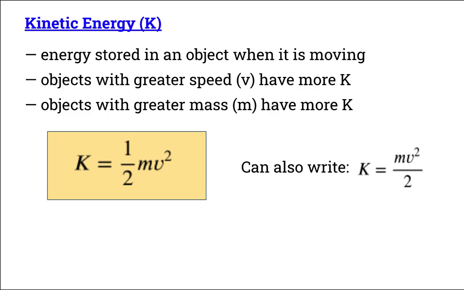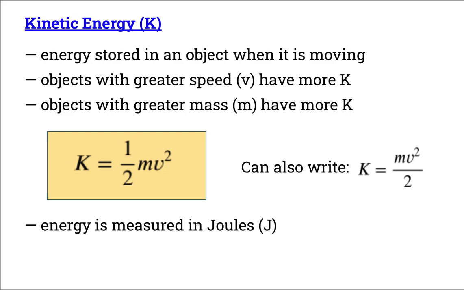So the formula is 1/2 times the mass in kilograms times the speed squared, with that speed measured in meters per second. It's really important that you have those standard units in there, because together, when you take a kilogram and you multiply it by meters per second squared, that is defined as something called a joule, and that's our standard unit for energy.